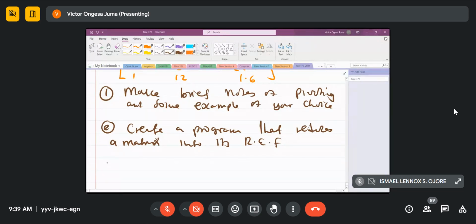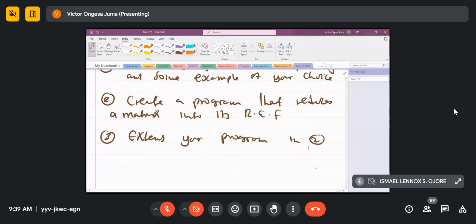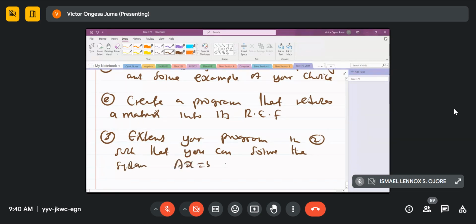And then 3, extend your program in 2 such that you can solve the system AX = B by the Gaussian elimination method.